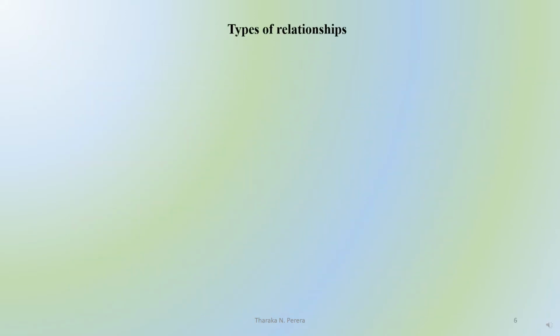Next, see the types of relationships. One can identify linear relationships or nonlinear relationships and also non-related variables used in the scatter plot. The first one is the linear positive relationship.